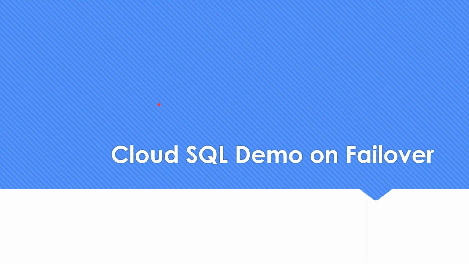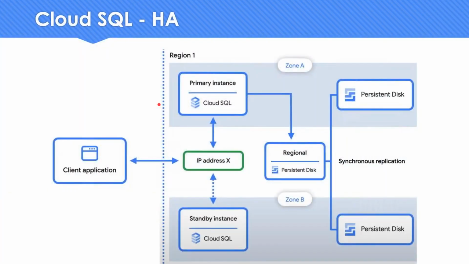Before I show you the demo, here is the architecture behind the HA when you turn on HA for a Cloud SQL instance. You have region 1, in our case Singapore. You have your primary Cloud SQL instance in zone A and your standby or failover in zone B. In very simple terms, this is nothing but a virtual machine, as I have told you a couple of times.